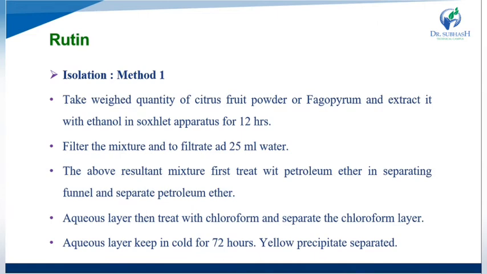Take a weighed quantity of citrus fruit powder of Fagopyrum and extract it with ethanol in Soxhlet apparatus for 12 hours, okay. Then filter the mixture and to the filtrate add 25 ml of water.